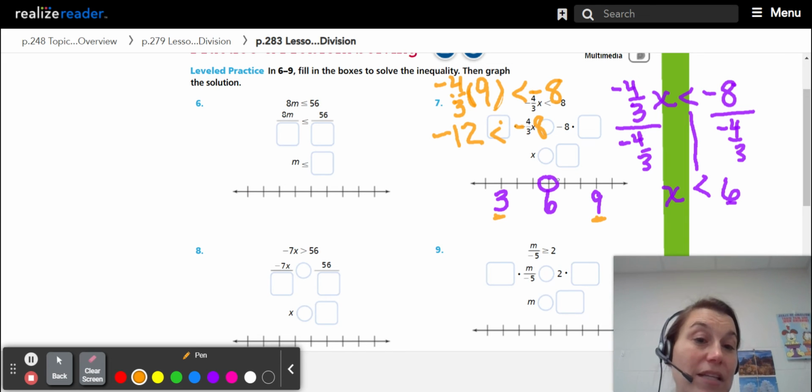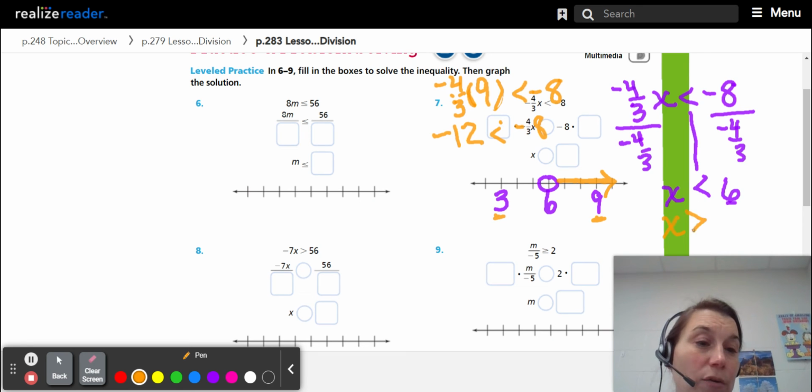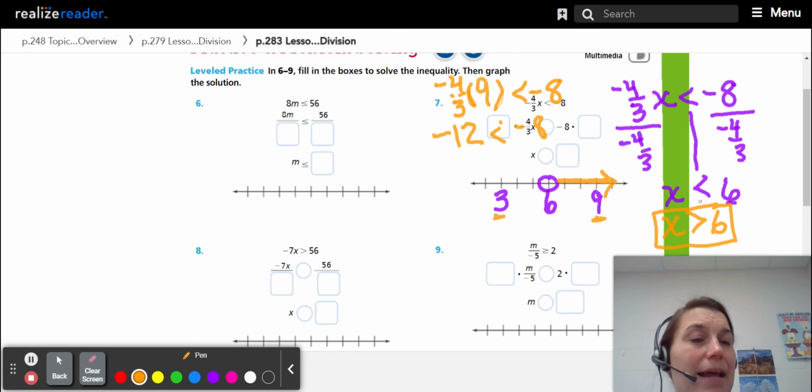So it looks like the solution's actually over here to the right. Well, if that's the case, then I have to change this inequality and make it x is greater than 6 because that's the true solution. So if you remember, we talked about this in the lesson, that anytime you multiply or divide by a negative, your inequality symbol will flip.